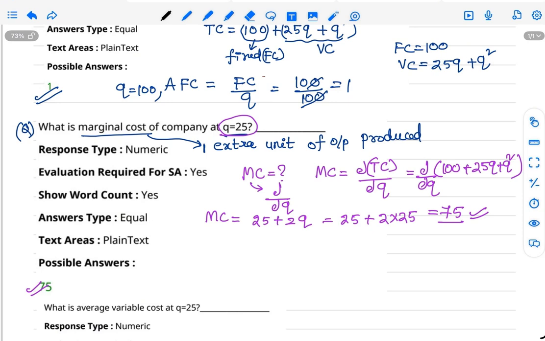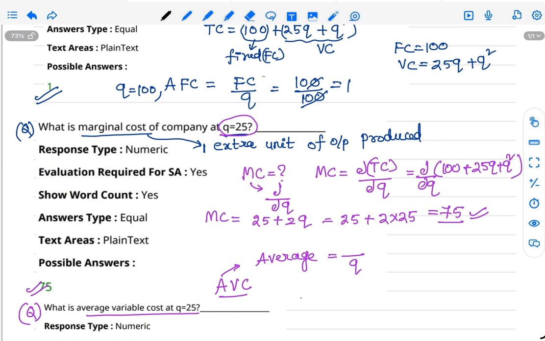And the next question is, what is the average variable cost at Q equal to 25? When it comes to the average term, average means divided by Q always. Q is the number of units produced by the firm.